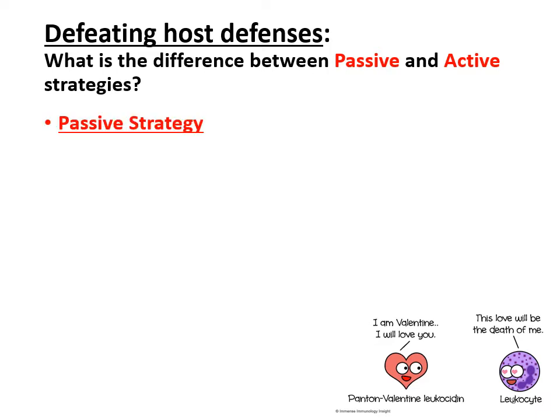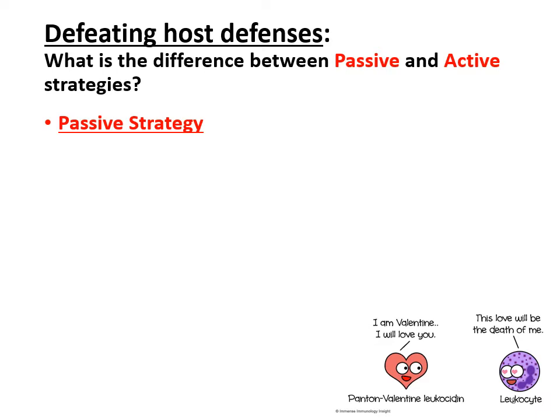Remember, active means energy, whereas passive means no energy. Very passive, you don't need to do anything extra. It's just there, right? So for bacteria, if they're trying to defeat the host defenses passively, it's something about them that they don't have to do anything extra for.